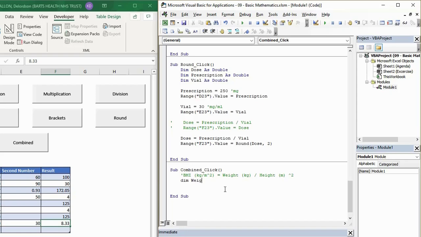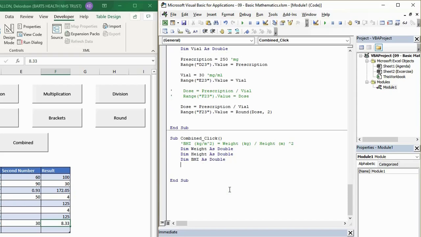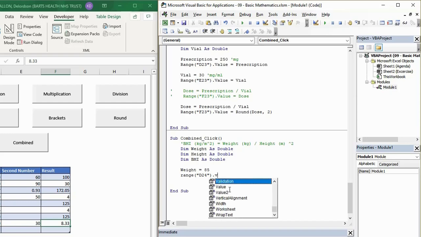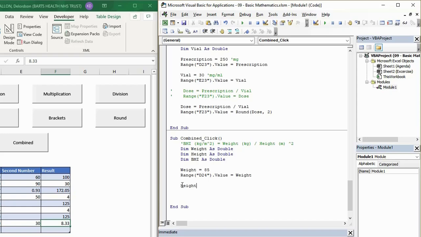Let's declare a variable for weight, another for height, and another for BMI. Assume weight is equal to 85. Let's write that out to Excel. Now let's set height to 1.69.